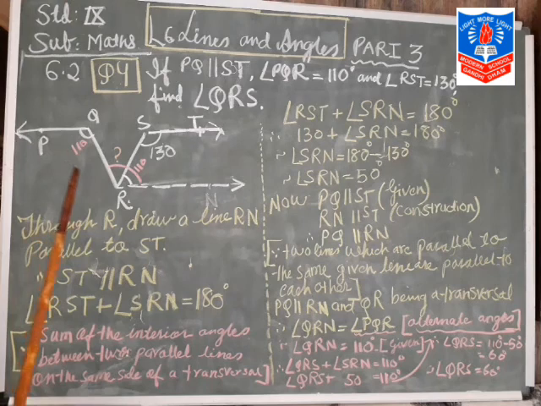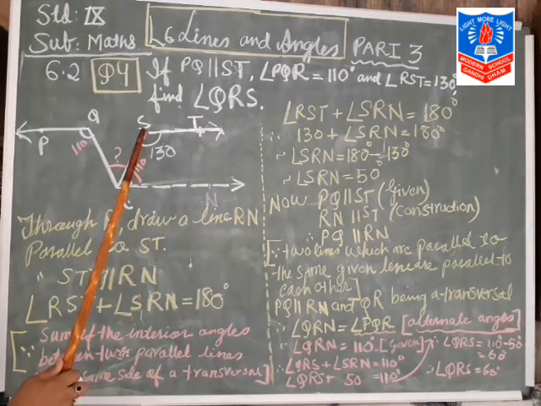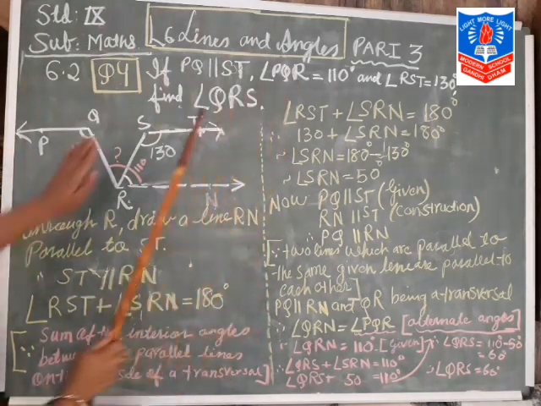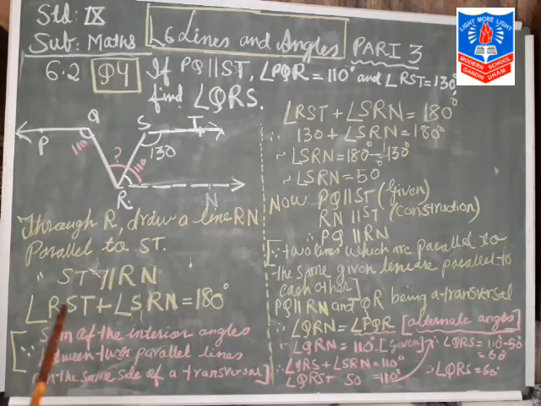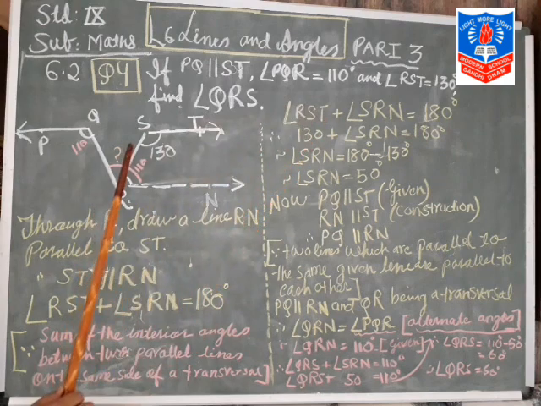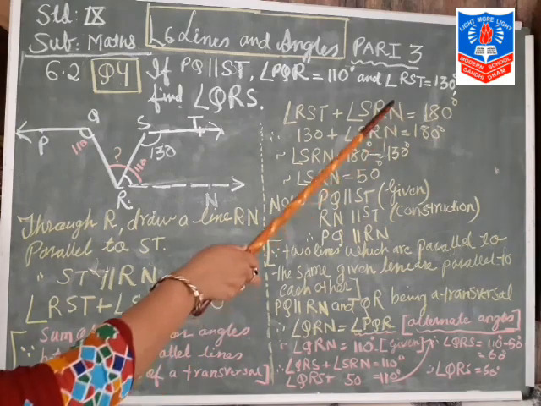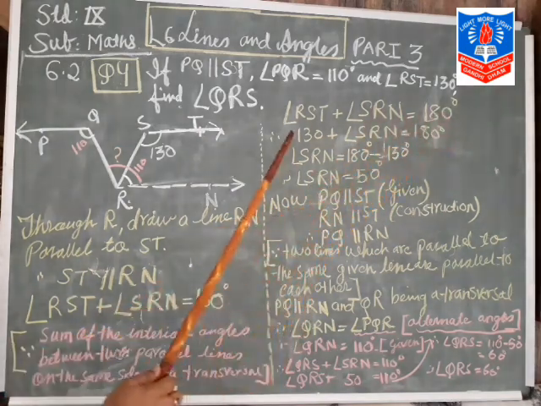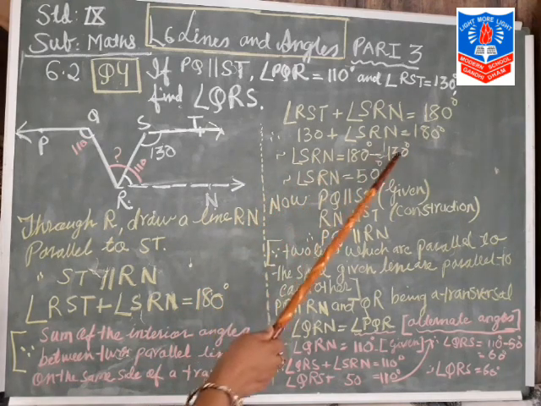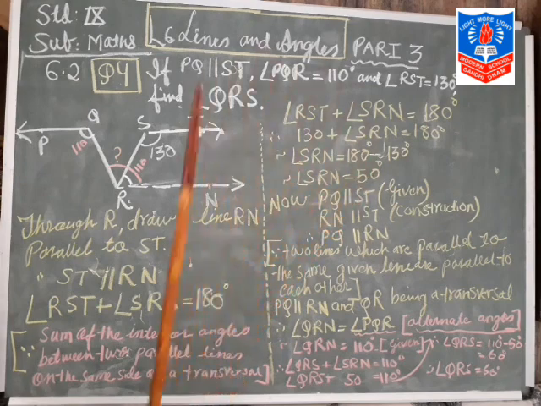So we can write RST plus SRN equals 180, because the sum of the interior angles between two parallel lines and on the same side of a transversal equals 180. RST is 130, SRN is not given, so SRN equals 180 minus 130. So SRN equals 50.